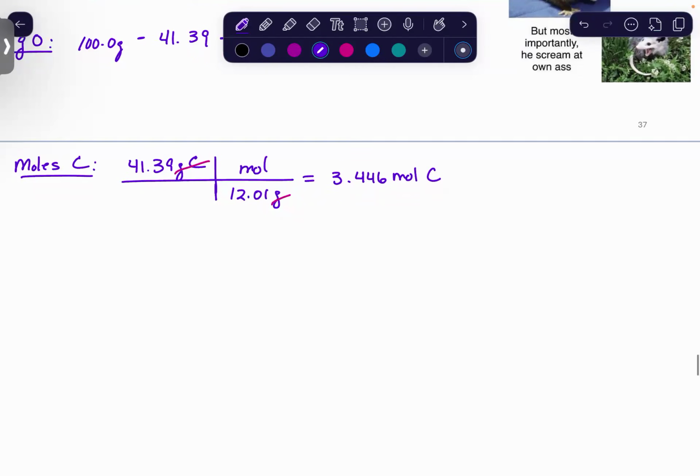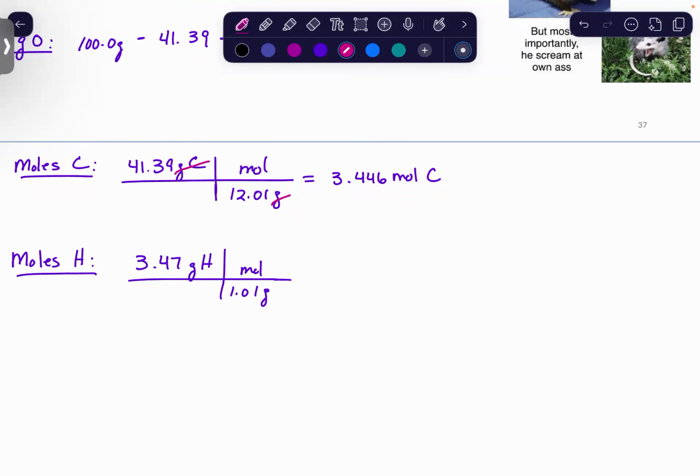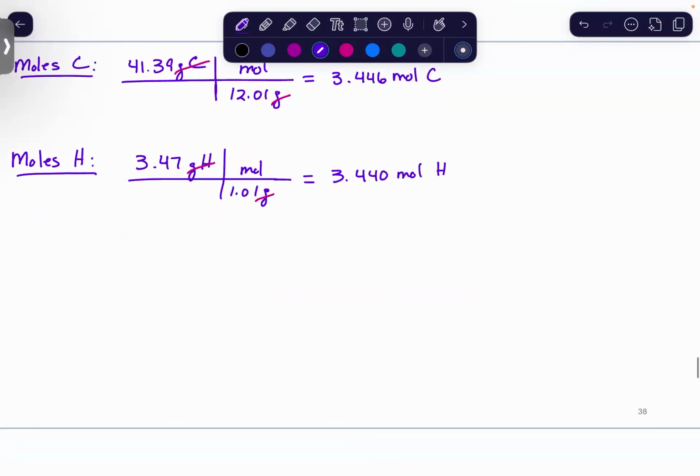Okay, moles of hydrogen. Moles of hydrogen, that's going to be 3.47 grams of hydrogen. Hydrogen is 1.01 grams per mole. That's going to cancel out grams of hydrogen, and this is going to then multiply out to be 3.440 moles of hydrogen.